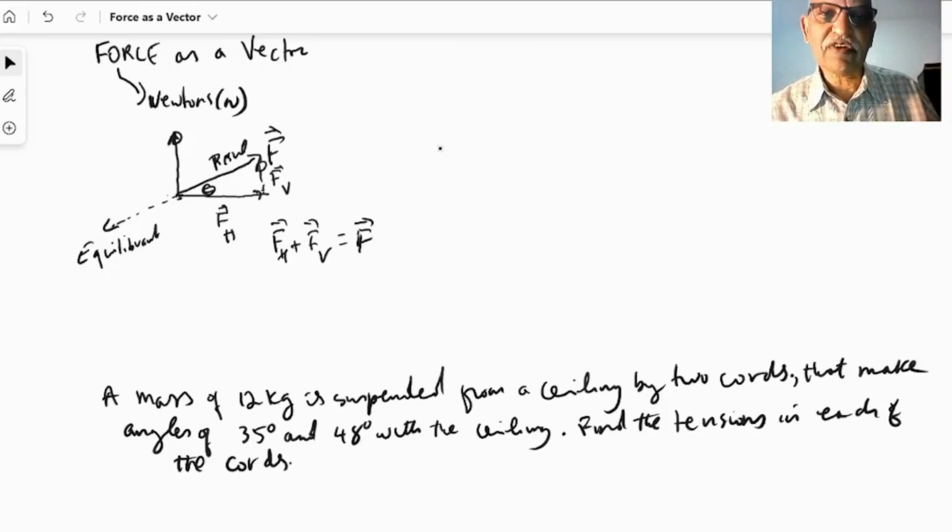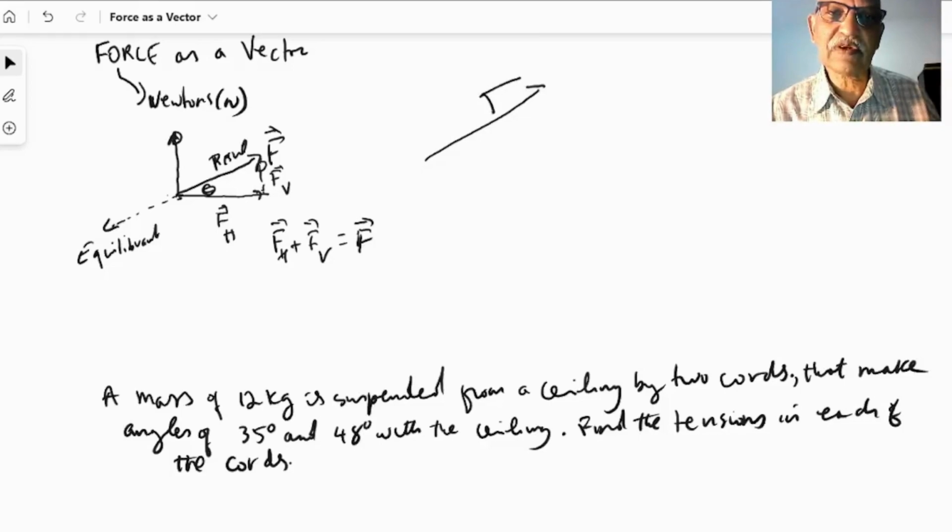I can have a force from an object on an inclination. This is an object we have. So if I have this object here, there is gravitational force going down.